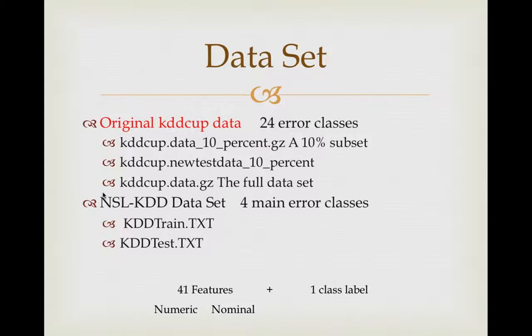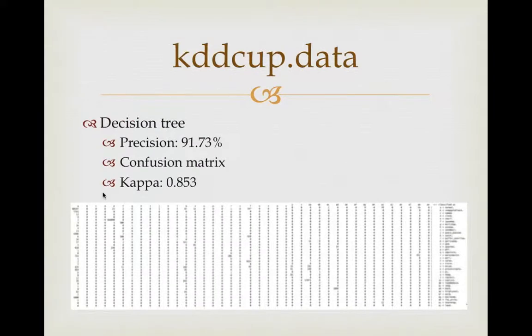To deal with this kind of dataset, the first method that came to my mind is the decision tree, because it ignores whether data is numerical or nominal, and it can also make group predictions. Due to my experiments, I reached a really high precision, 91.73%, and you can see it from the confusion matrix.